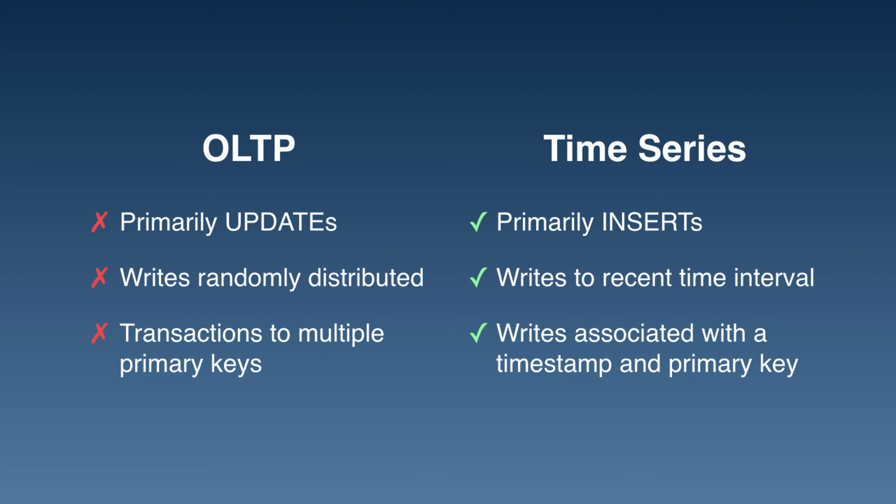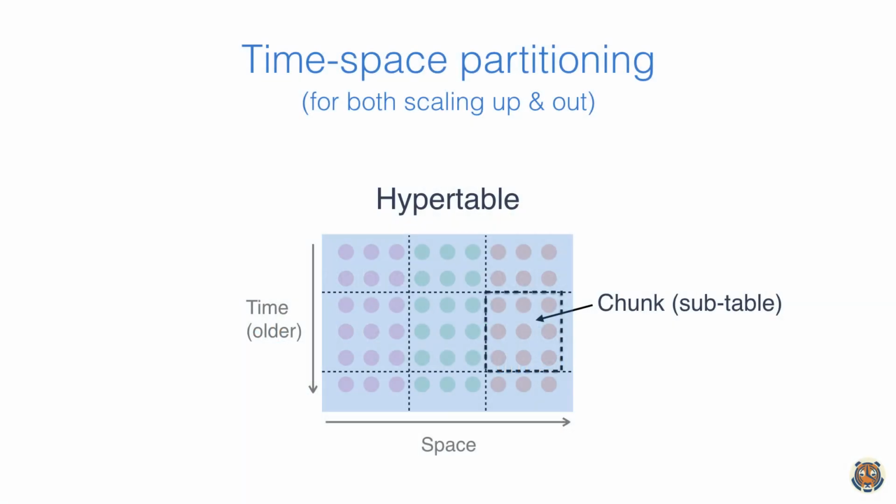In this example, I'm going to use dimension ID, but I'm going to call it space for generality. So what we do is that we partition our data into time and one or more other dimensions. And we call each kind of subpartition a chunk.